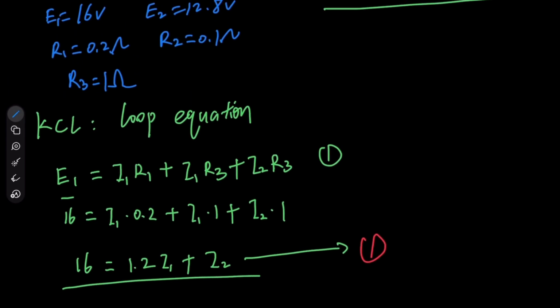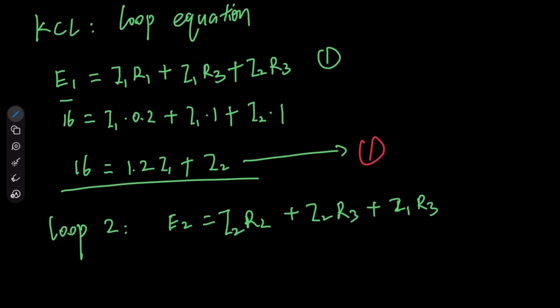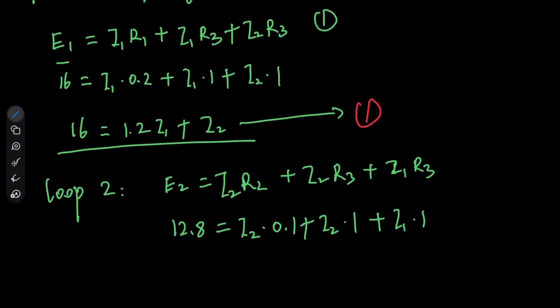Basically, E2 equals I2 R2 plus I2 times R3 plus I1 times R3. If we plug in the numbers, E2 is 12.8, I2 is unknown times R2, which is 0.1, plus I2 times R3, which is 1, plus I1 times R3, which is 1. Simplified, it will be 12.8 equals 1.1 times I2 plus I1.